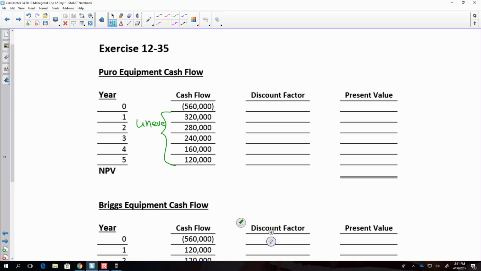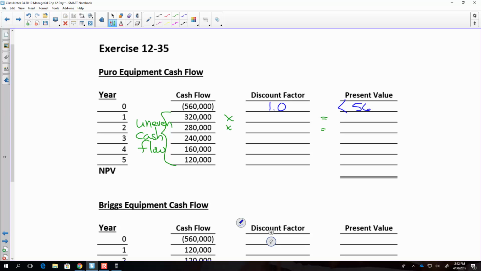So what I've done is I've laid these out in a table for each year, and then we can multiply the cash flow by the discount factor to get its present value. Now in year 0, there is no discount.